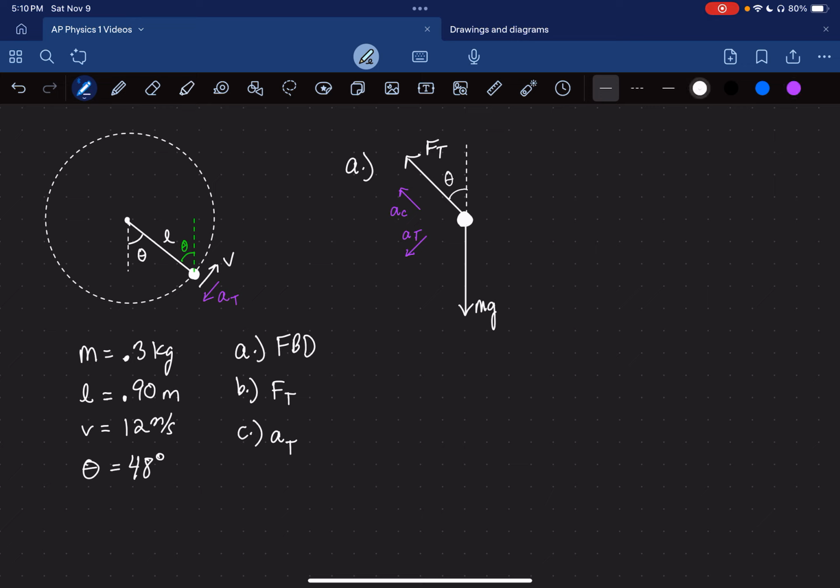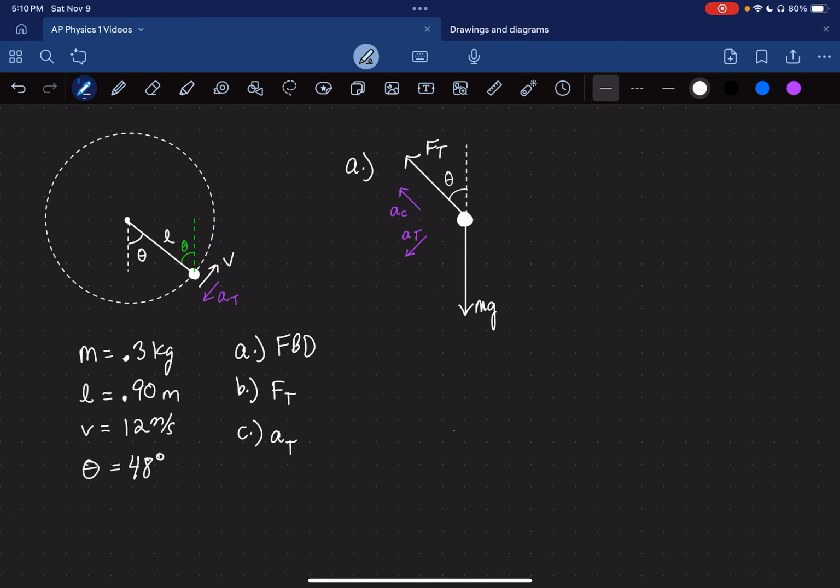And so what we do want to do is break up the gravitational force into components, and we want to have one of the components going this way. We can construct a triangle here. And so we can get a component going along with the tangential acceleration. The other component will be in line with the centripetal acceleration.